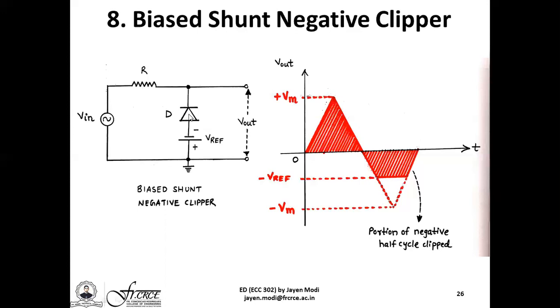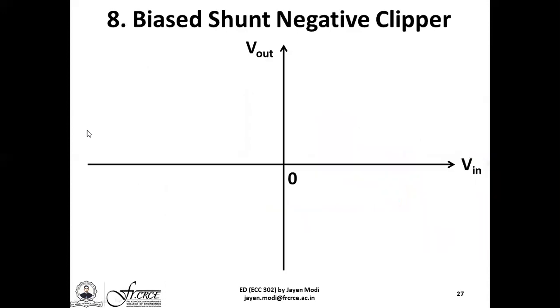Once the PN junction diode turns on, it behaves like a short circuit. You have the entire negative battery voltage appearing straight across the output terminals during the negative half cycle of the AC input signal. This can be corroborated from the fact that the positive half cycle of the input signal gives the same positive half cycle at the output.